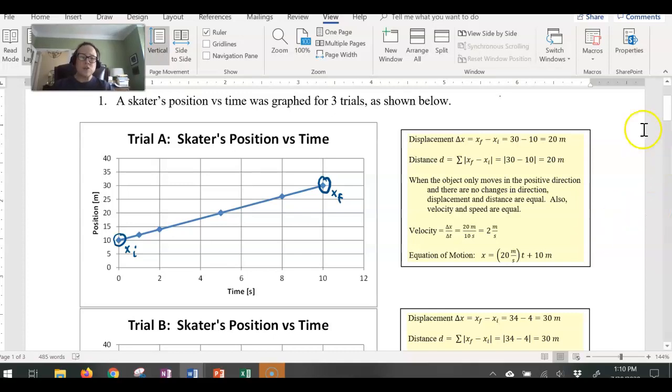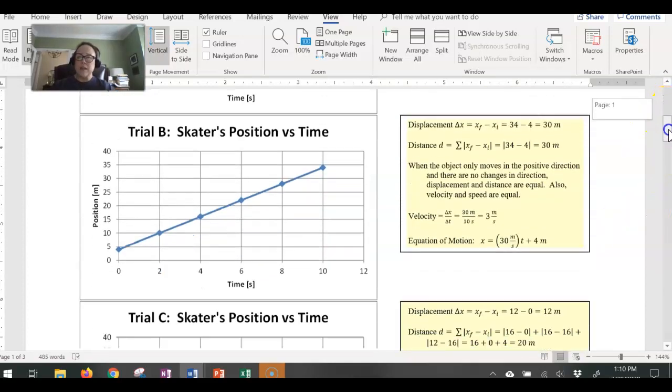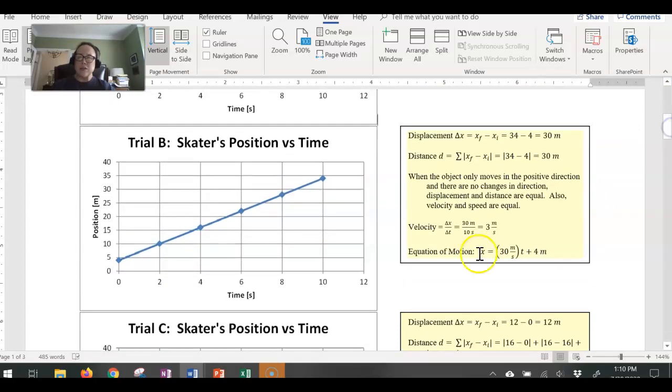Okay, let's look at trial B. In the second trial, the skater started at a different position. It looks like perhaps 4 meters was the initial position, and they move in the positive direction at a constant speed, and they end up at a final position of 34 meters.